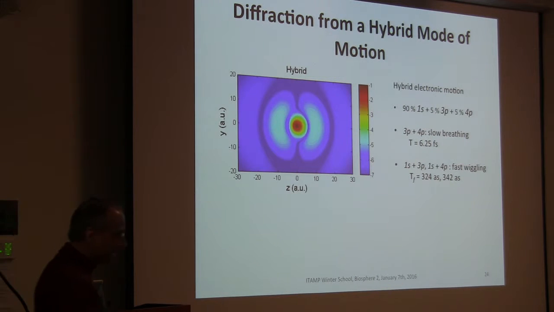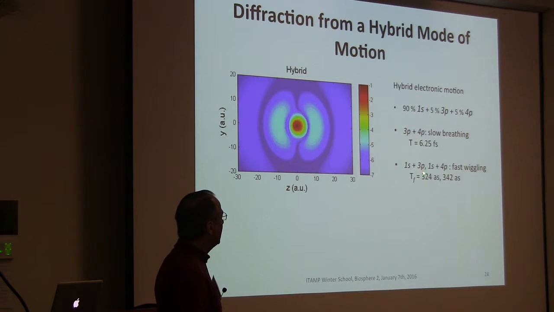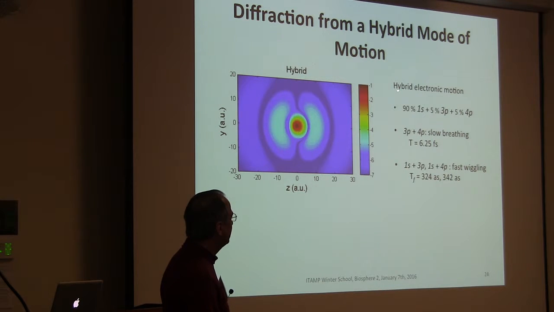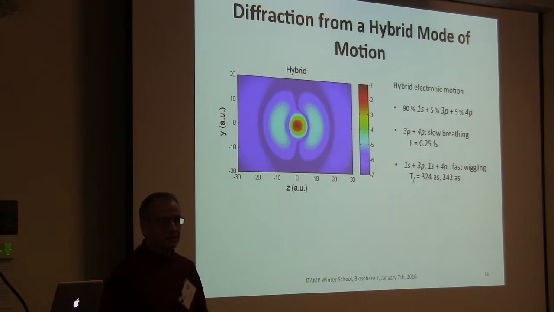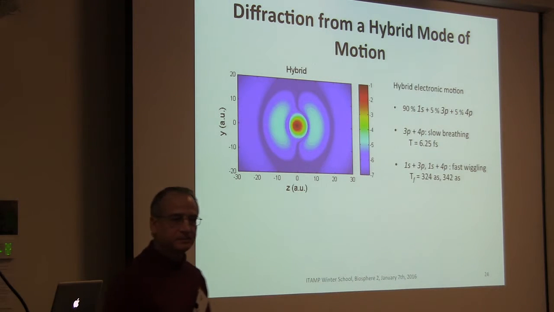Now, you may observe that actually what will be done in the experiment is a hybrid electronic motion. Because if you try to populate, as I showed you before, an equal superposition of 3p and 4p, most of your amplitude is still going to remain on the ground state.